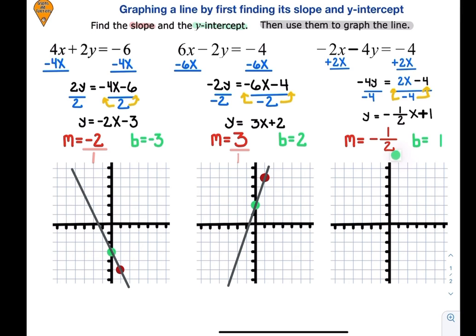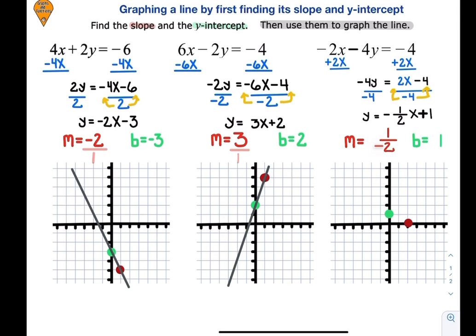So I'm going to begin on the y-axis at positive 1. Next, I'll use my slope to move from that point. But when your slope is negative, keep in mind that that negative can go at the top, bottom, or out to the side. If I put that in the top, then beginning at 1, I'll rise negative 1, down 1, run positive 2, right 2.